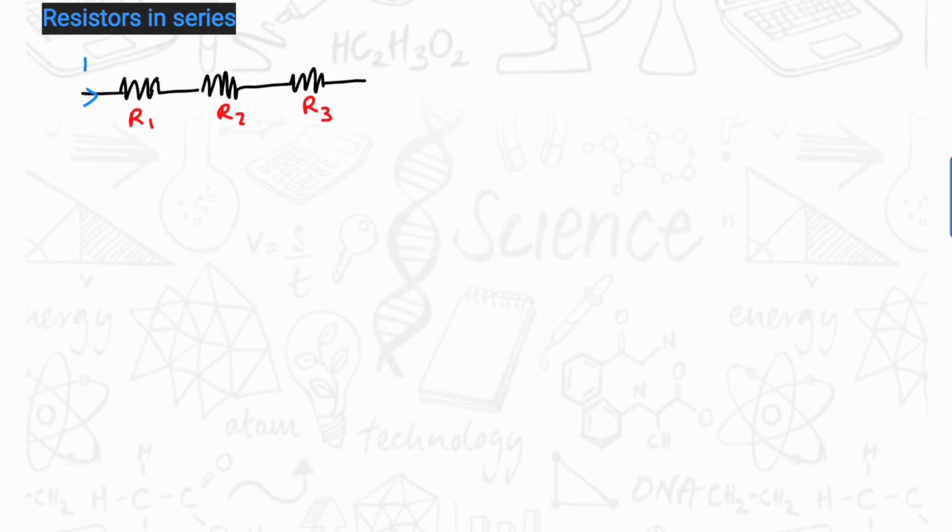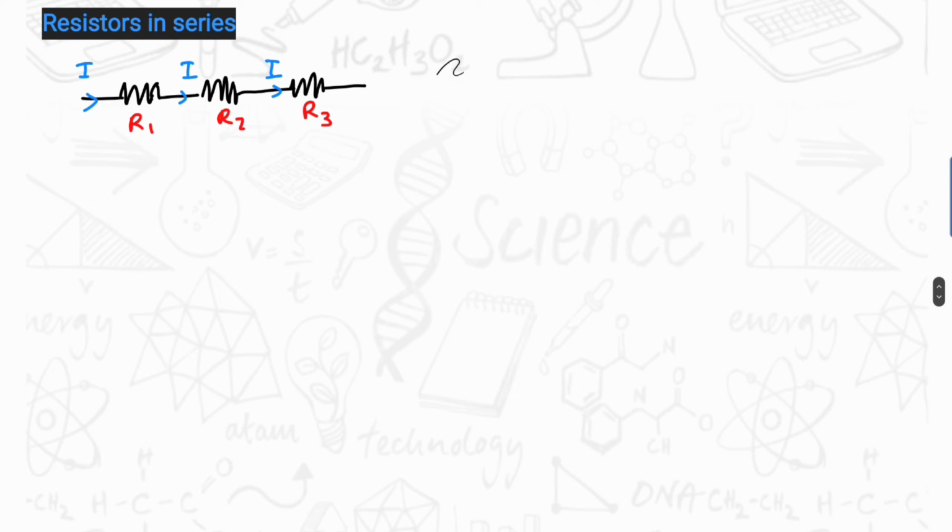The current I flows through each resistor. Therefore, R1, R2 and R3 are in series. As a result, we can simplify this using a single resistor value. Let's say it is R EQ, and then the current I flows across this resistor.